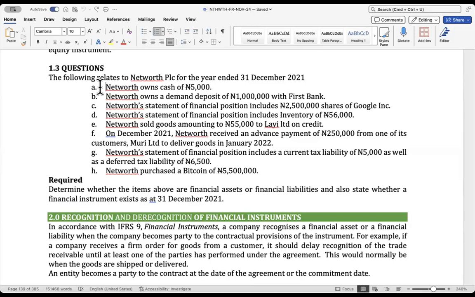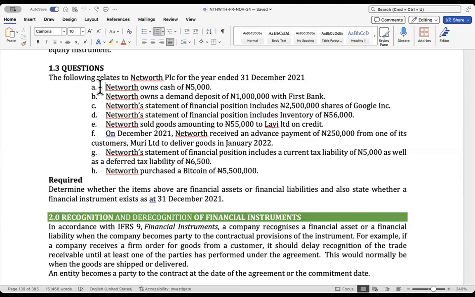Google Incorporated has a financial liability, and then a financial instrument exists between net worth and Google Incorporated. Okay, that's a good attempt, but net worth has a financial instrument of shares, equities.